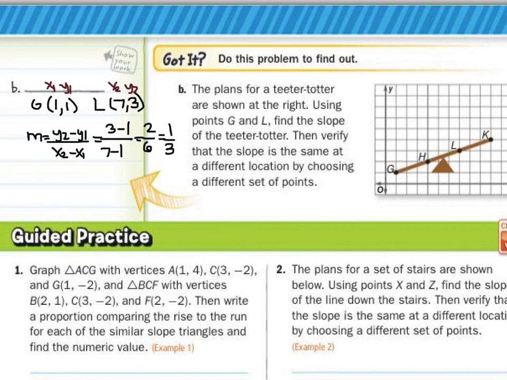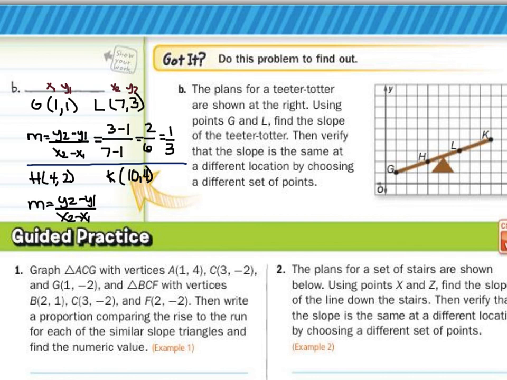Now, verify that the slope is the same by choosing a different set of points. Well, instead of G and L, let's pick H and K. H is located at 4, 2. And K is located at 10, 4. And remembering now, our slope formula is y2 minus y1 divided by x2 minus x1.